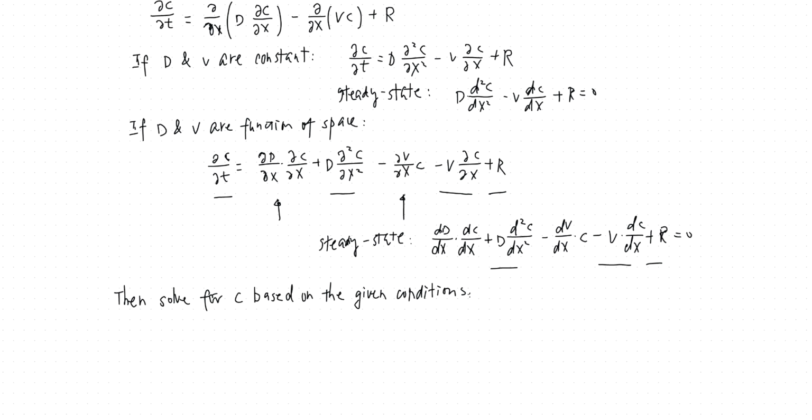So for example, you may have tools of finding a particular solution plus homogeneous solution, or you may have something we call separation of variables, or maybe use a combination of these or whatever.